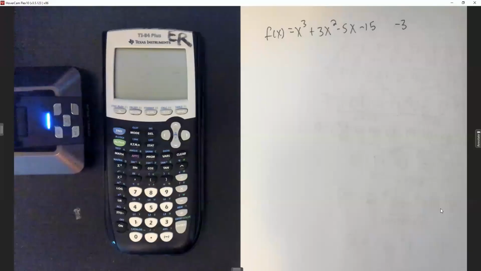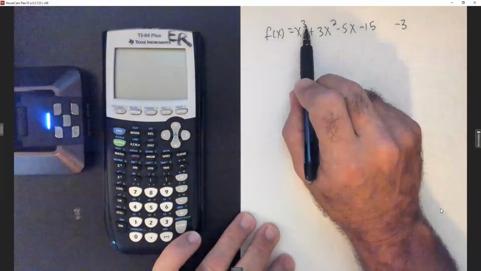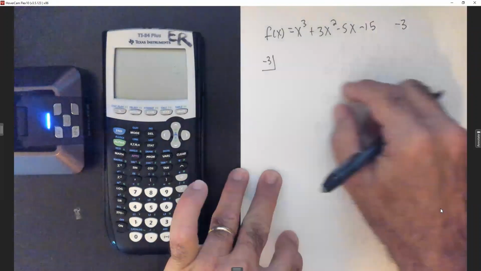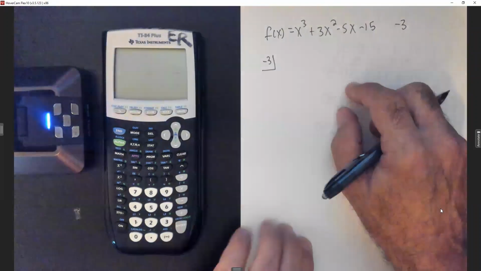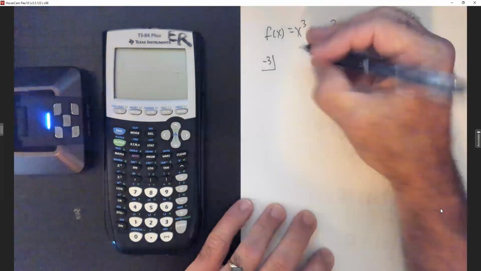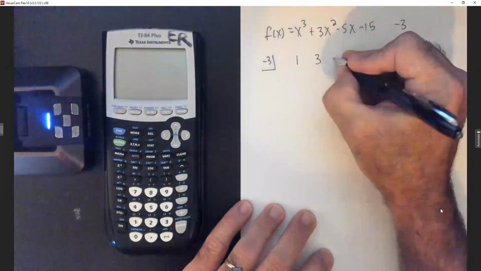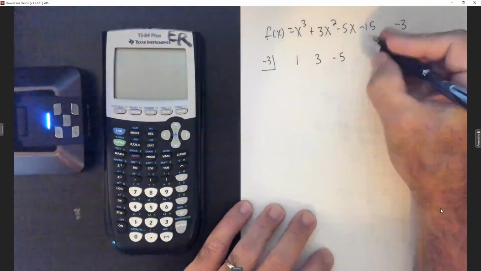Since this is an x cubed, we're going to pull out this zero, which is negative 3. Remember, whatever answer I get under my box, I can use the quad formula to get the last two. So let's write our numbers down. We got a 1 for the x cubed, a 3 for the x squared, a negative 5 for the x, and then negative 15 for my number.